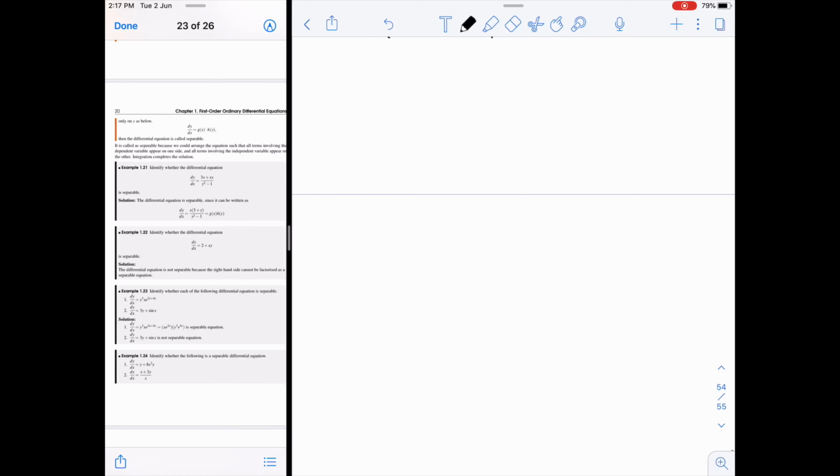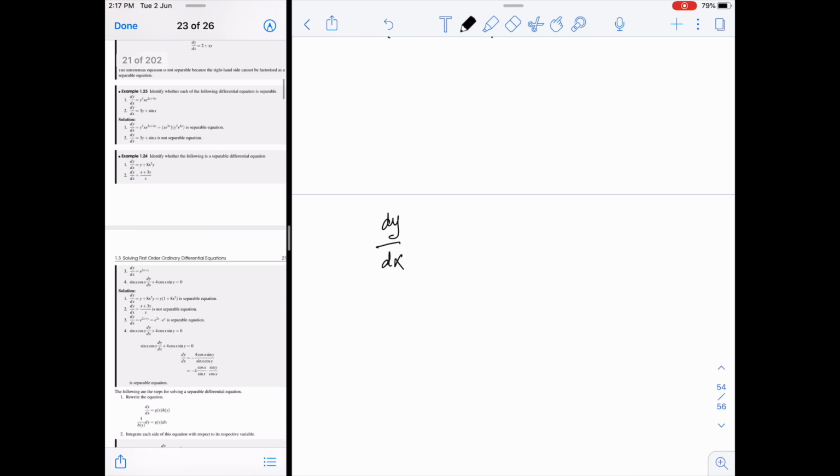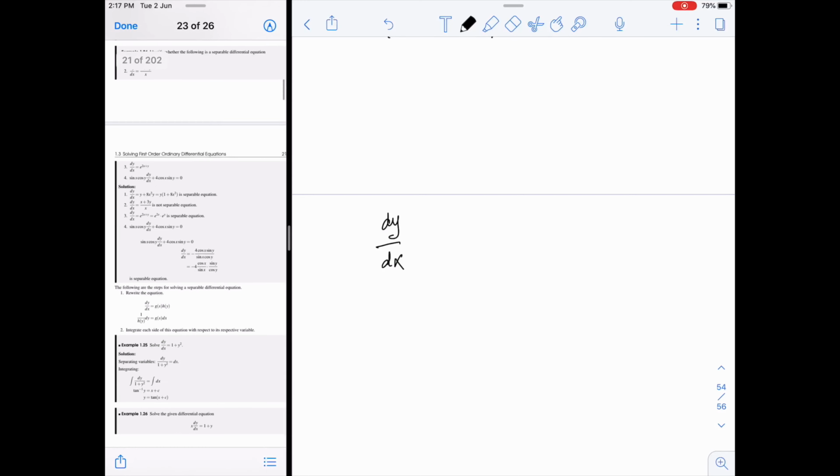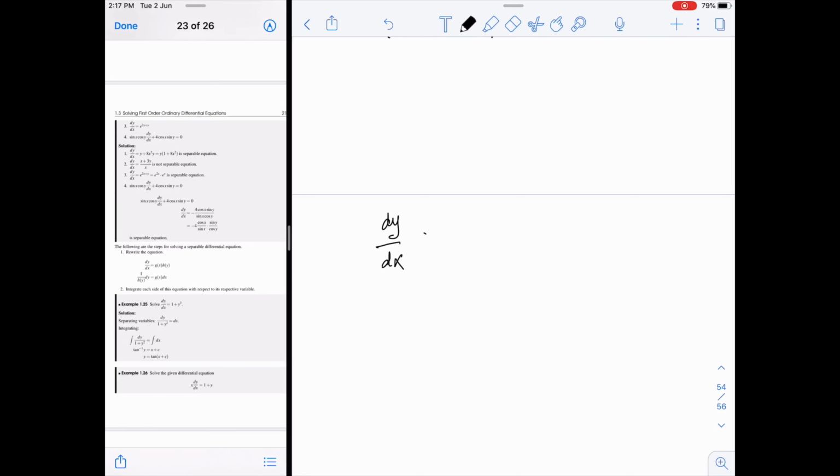Okay, so we will go further on how to solve a separable equation, just like in the previous example, but maybe this time it's quite difficult. If you have dy/dx equal to 1 plus y squared, how do you solve this one?